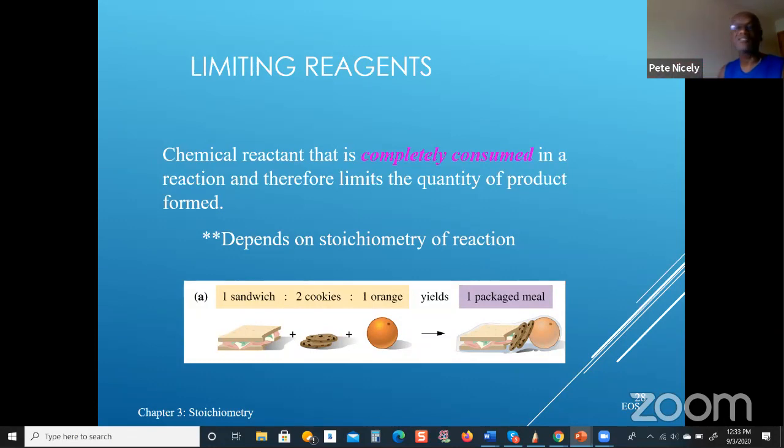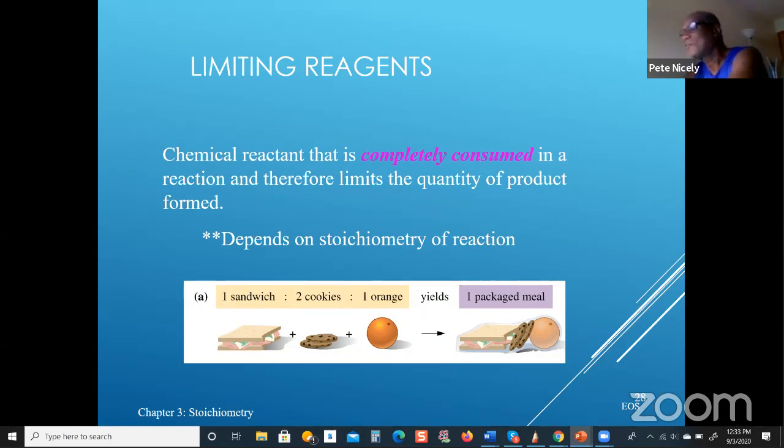let me talk about this concept of limiting reactants. And again, this is something you should have met before. Basically, you can have situations where the amounts of reactants involved in a reaction to begin with are not molar equivalent.